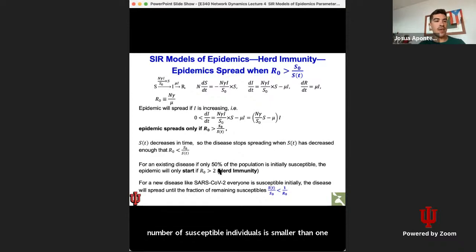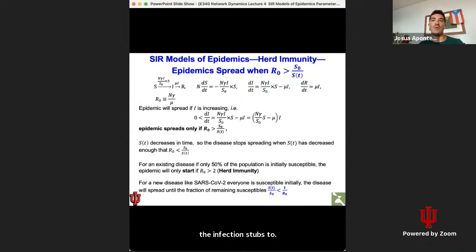That also introduces the concept of herd immunity, because herd immunity is reached when the number of susceptible individuals in the population is such that the epidemic starts decreasing.